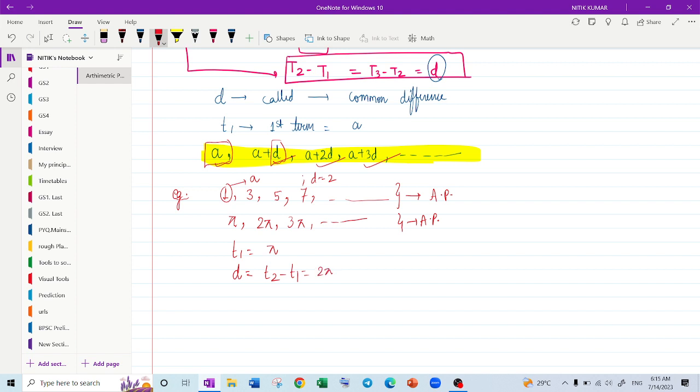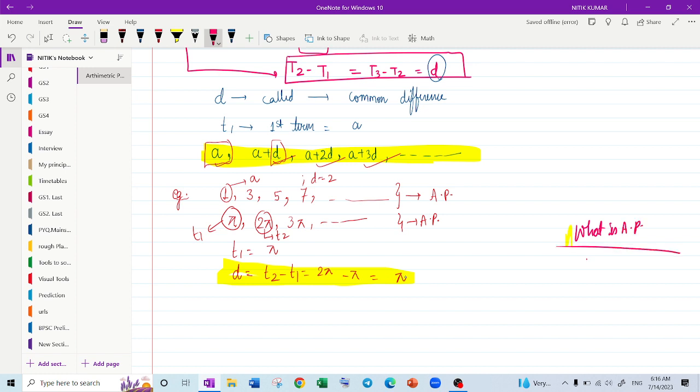T2 is 2 pi and T1 is pi, so 2 pi minus pi is pi. I hope you are getting clarity on AP. Till now, I have discussed what an AP is, the first term, and the common difference.